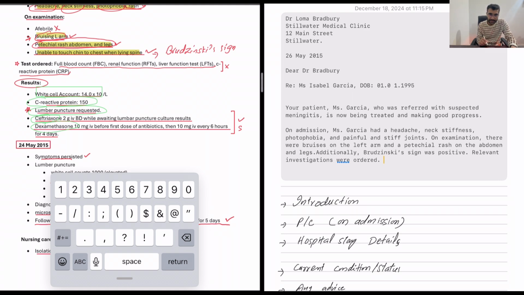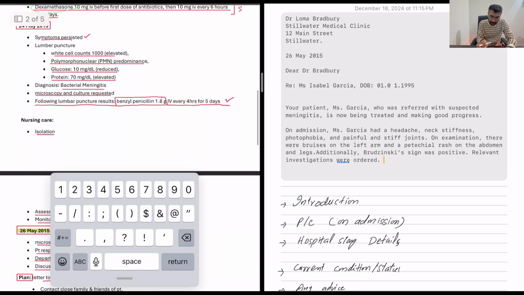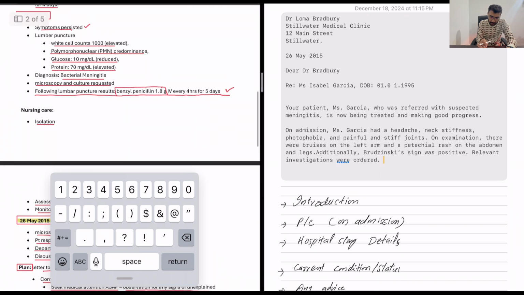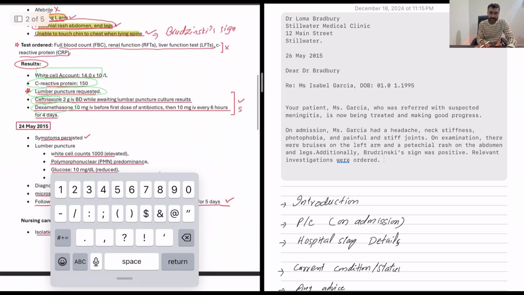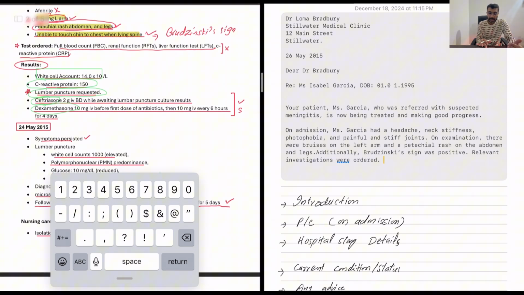We will not write the details of these medications, because after the lumbar puncture report we are changing the medication. You can see the lumbar puncture report, then we started the patient on benzyl penicillin, so we don't need to write the details because the patient is no more on ceftriaxone. It has been changed.